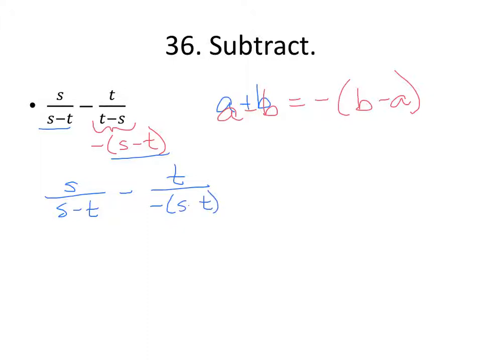Well, anything divided by a negative is a negative, so this whole fraction is a negative. So that means we can move it over here, and that gives us minus a negative, which is plus a positive, and so now we have s over s minus t plus t over s minus t.